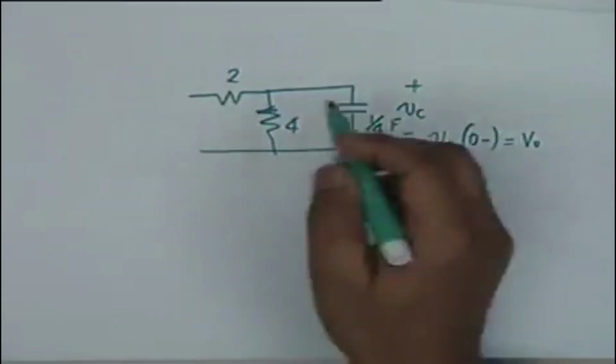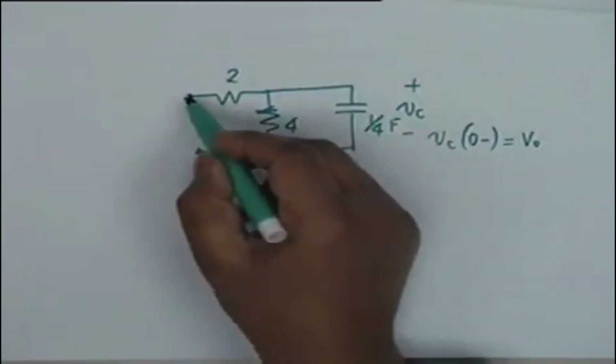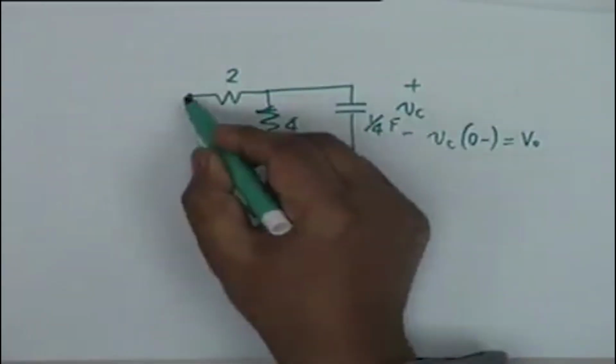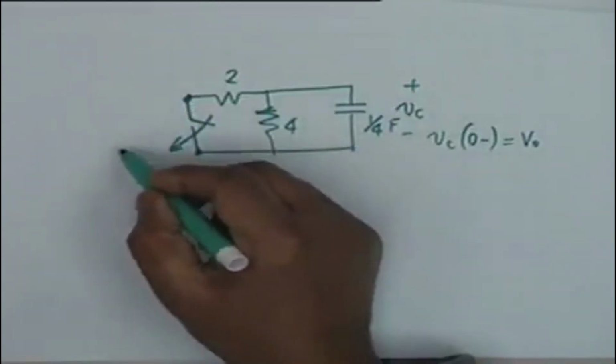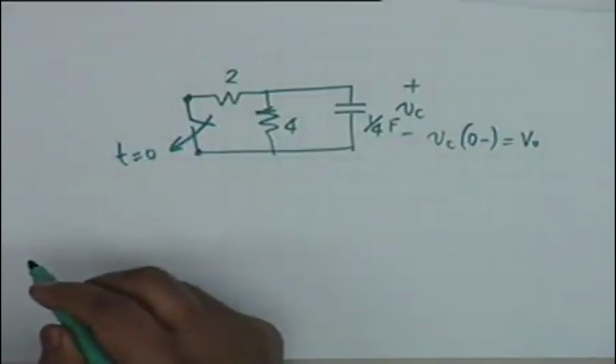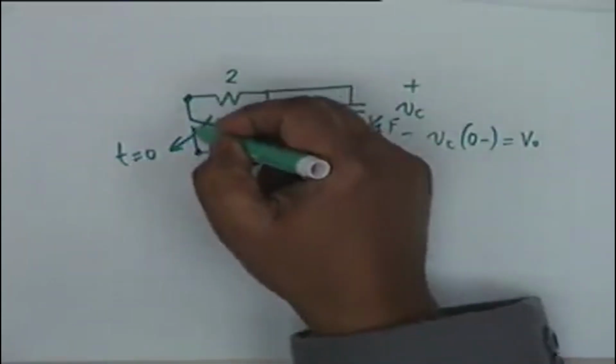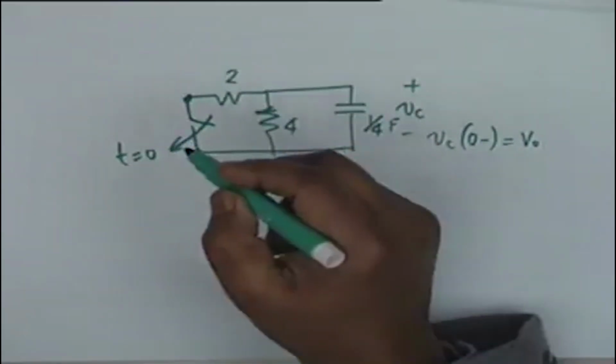And then between these 2 points where we have measured the impedance, we put a switch on at t equal to 0. And I wish to find the current through this short circuit.